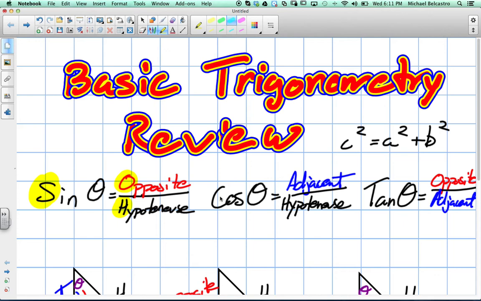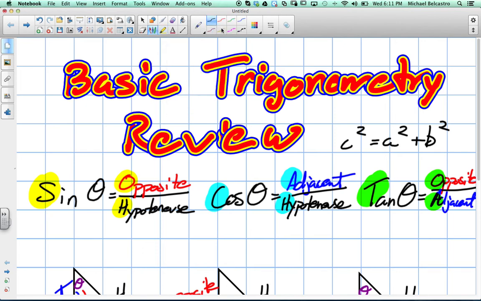C-A-H helps you remember the cosine ratio. That's cosine theta is equal to adjacent over hypotenuse. And T-O-A, okay?